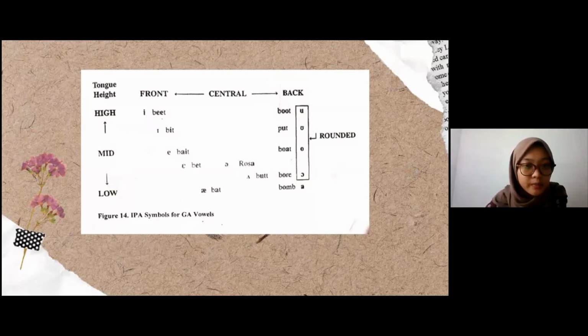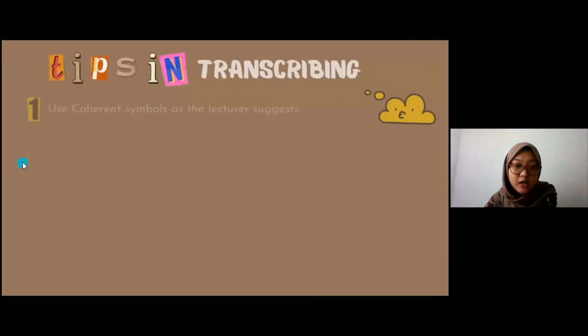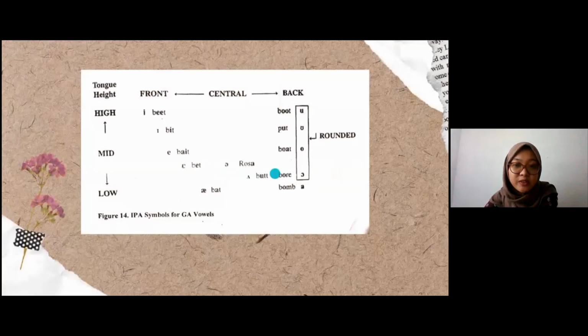The word bait, it is in the front area of the tongue, and the height is mid. The word bed, the height of the tongue is in the middle of mid and low. The word bad is almost pronounced in the central area of the tongue and using a low tongue. Next, the word rosa is using the central area of the tongue and is pronounced with mid to low tongue.